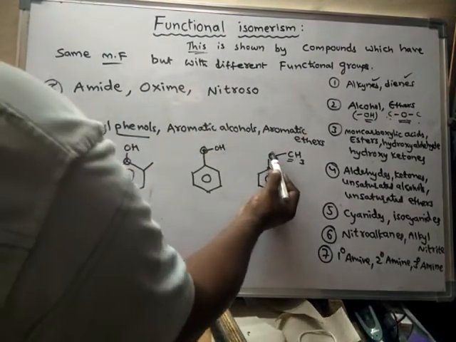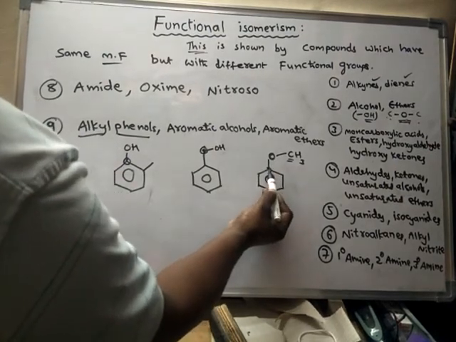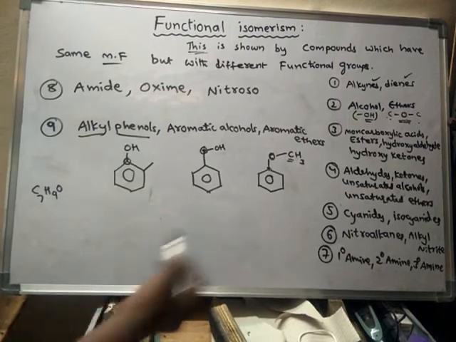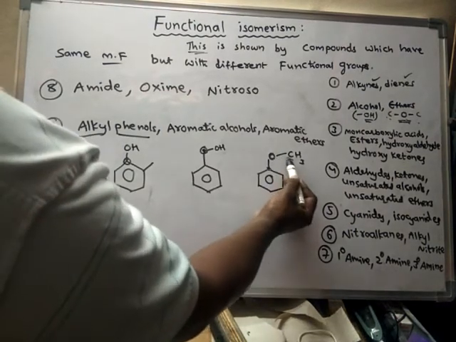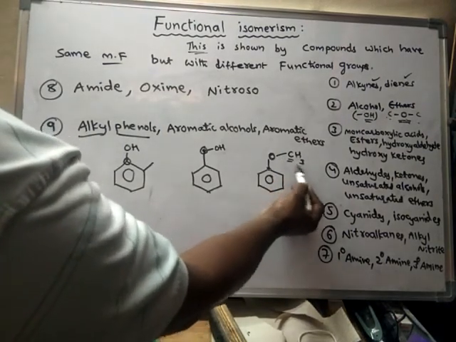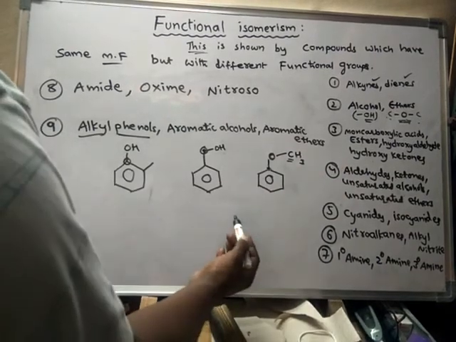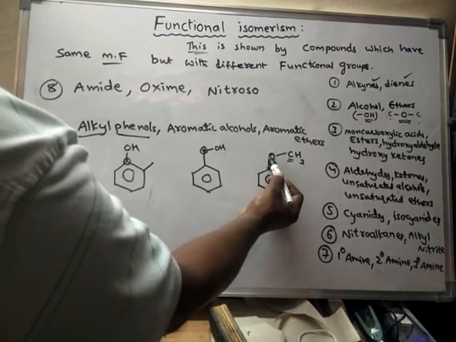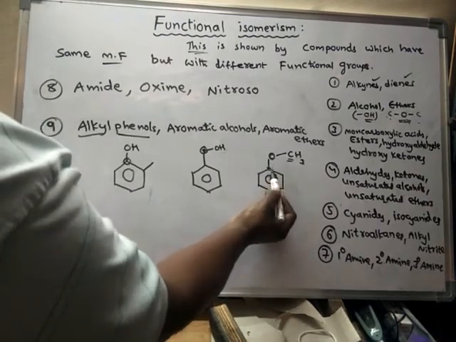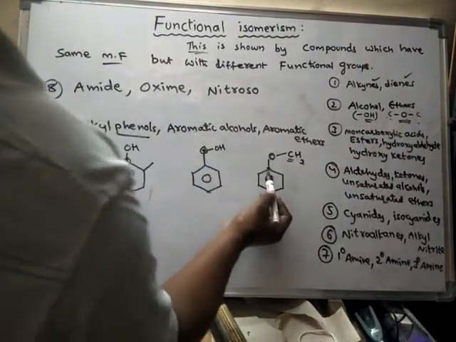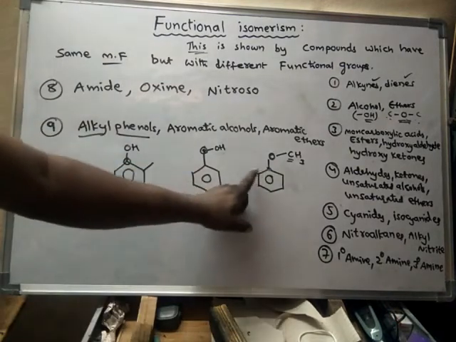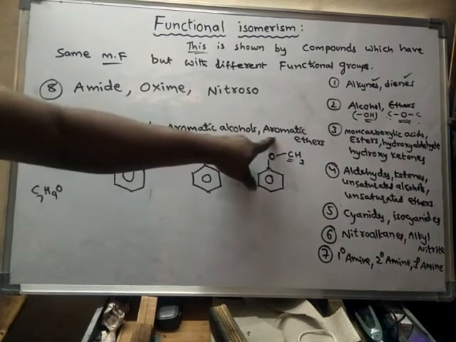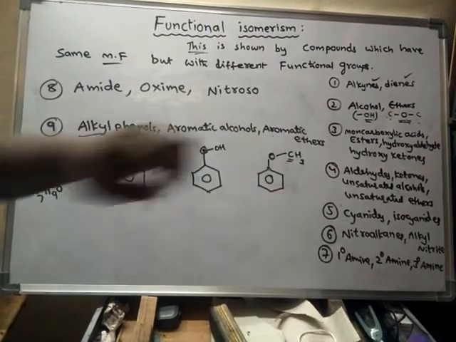Here this oxygen is attached to one carbon which is part of the benzene ring, and the other carbon is open chain. So if at least one of the two carbons is part of the ring, such compounds are said to be aromatic ethers.